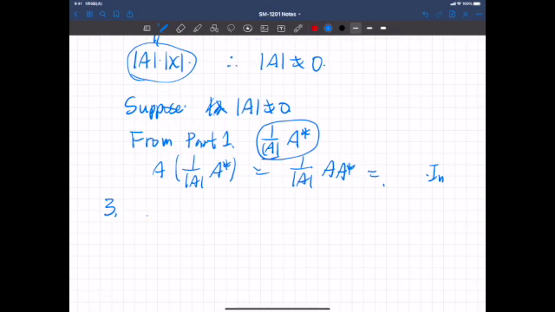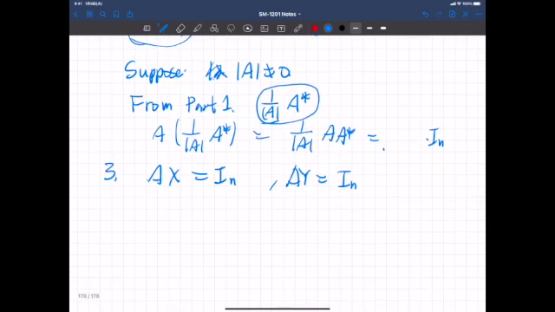So if we have two right inverses, AX equal to identity and AY equal to identity, then we multiply both sides by 1 over determinant of A times A star.